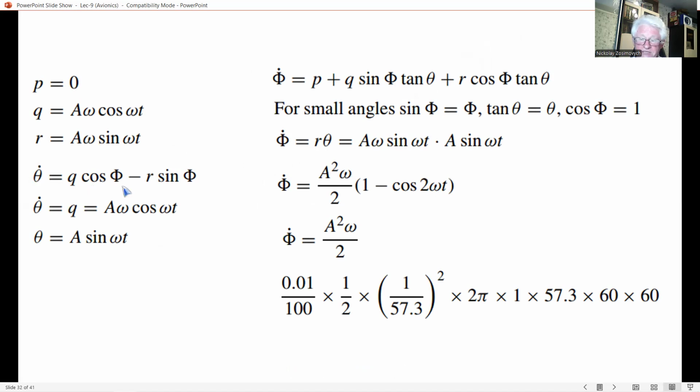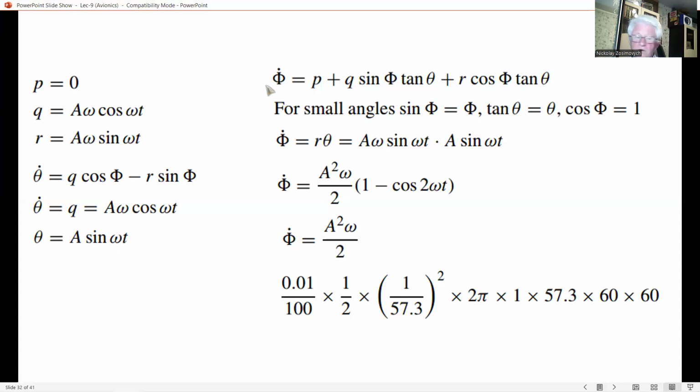Referring to the next equation, θ dot proportional to Q cos φ − R sin φ, assuming the steady state Euler angles are all zero and θ and φ are small angles, we can rewrite θ dot as the same as Q, proportional to Aω cos ωt. Integrating yields θ equals A sin ωt.